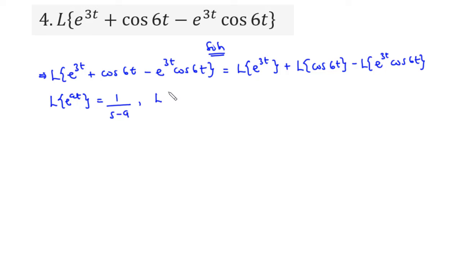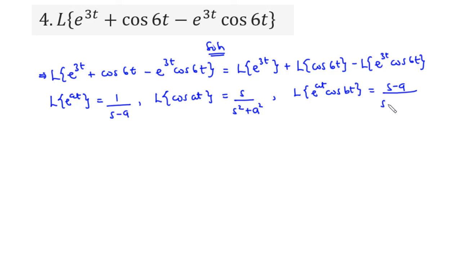The Laplace transform of cos at is s divided by s squared plus a squared, and the Laplace transform of e to the power at cos bt is given by s minus a divided by (s minus a) squared plus b squared. We are going to use all these 3 transforms in here.